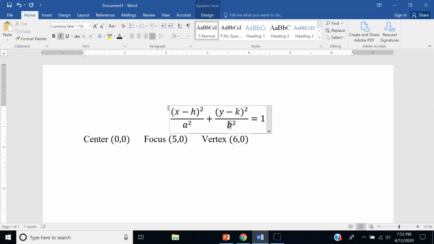And the smaller number, therefore, has to be underneath the Y. So that is the equation we're going to be using.